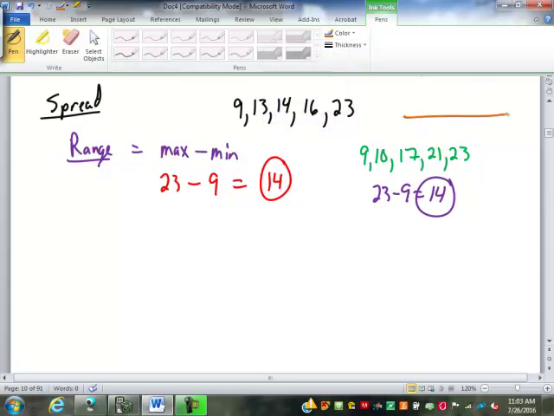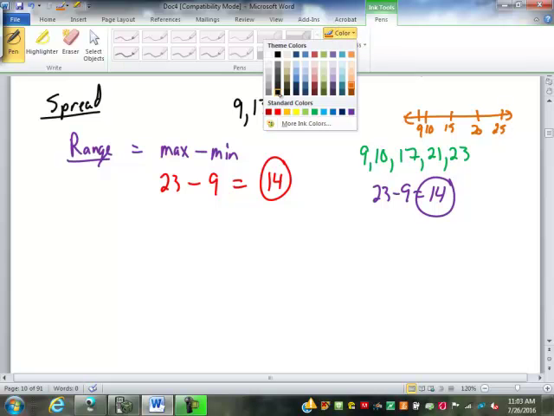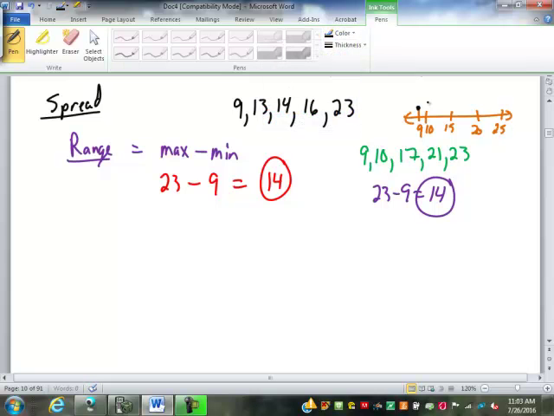If I put them on a number line, my black numbers would look like this.